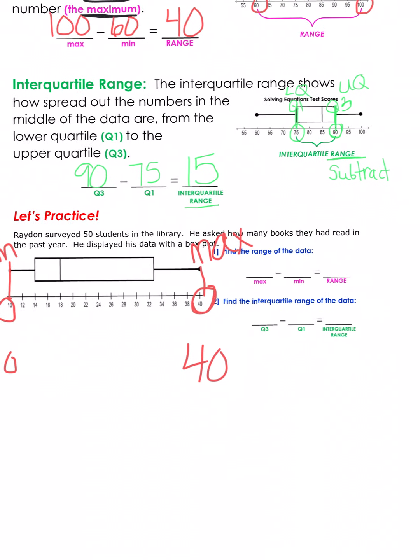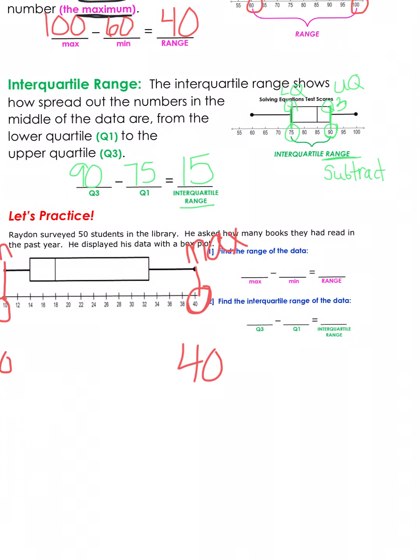So now I'm going to find my range. I take my maximum, which is 40, subtract my minimum, which is 10, and 40 minus 10 gives me a range of 30. Now the second question is asking me to find the interquartile range of the data. Remember, that's the edges of the box.